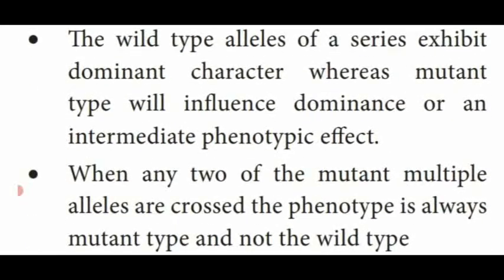Then the wild type of alleles of a series. Wild type means which is not common, somewhat different. The wild type of allele series exhibits the dominant character, whereas the mutant type, meaning a sudden change occurs in the alleles, influences the dominant character and produces the intermediate character. That means a recombinant one.